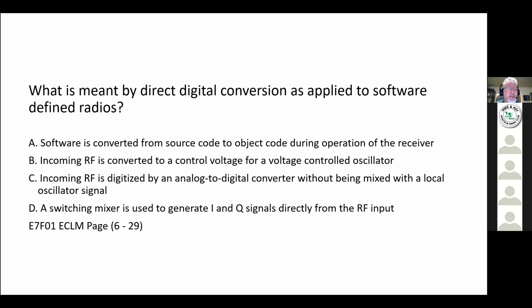C, incoming RF is digitized by an analog to digital converter without being mixed with a local oscillator signal. Or D, a switching mixer is used to generate I and Q signals directly from RF input. Charlie is correct.